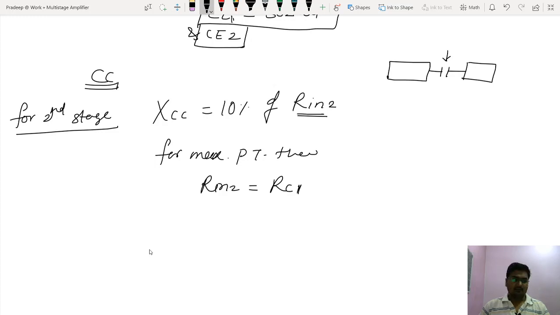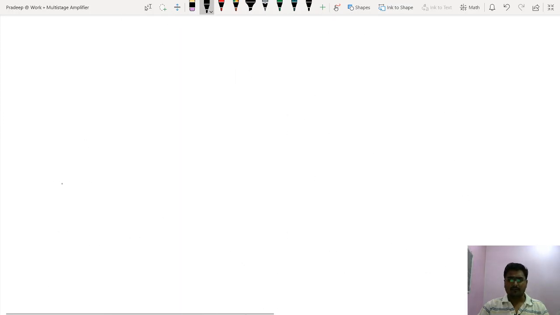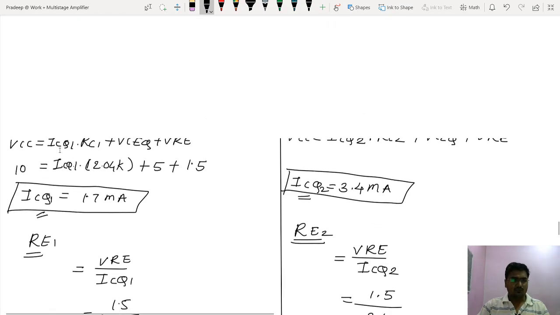Now what is the RC1 value you have calculated? Just check what is the value of RC1. It is taking a lot of time to load.